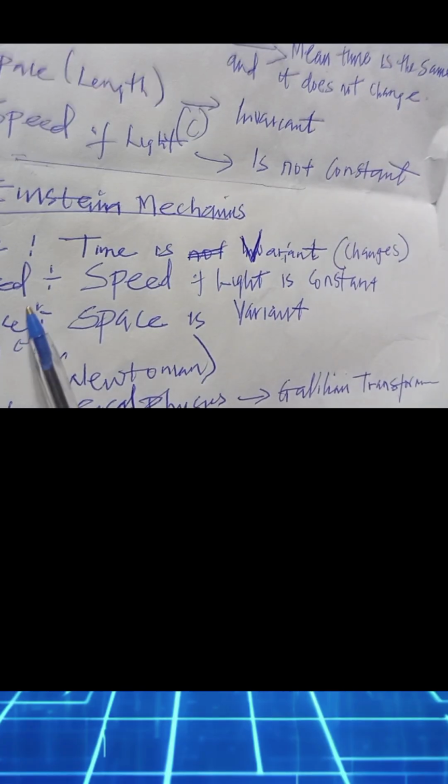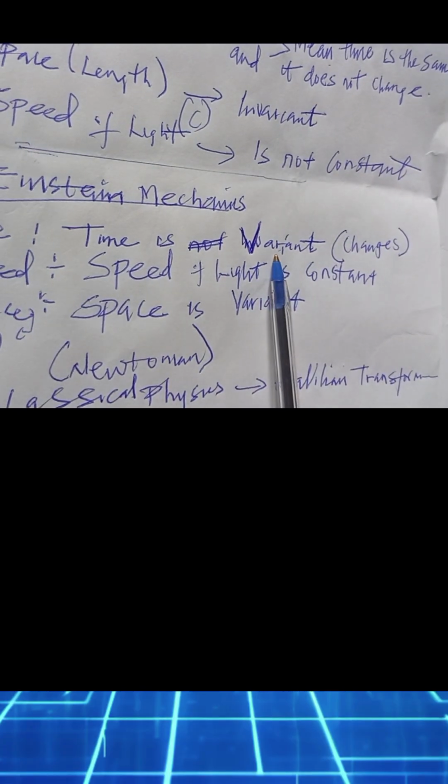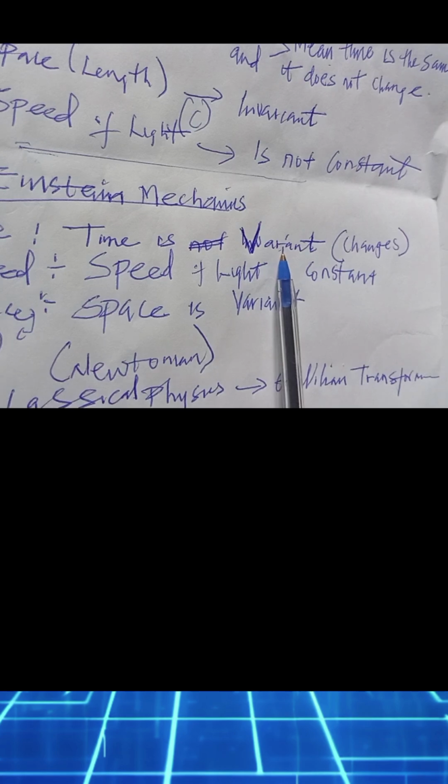For Einstein physics, we say that time is variant. What's the difference between variant and invariant? When you say something varies, it changes. Something that is variant changes, but something that is invariant does not change.